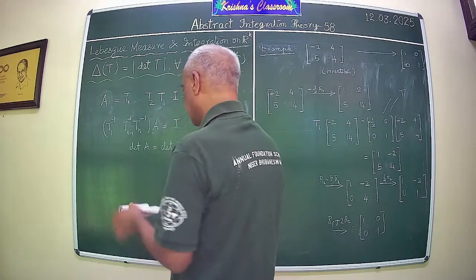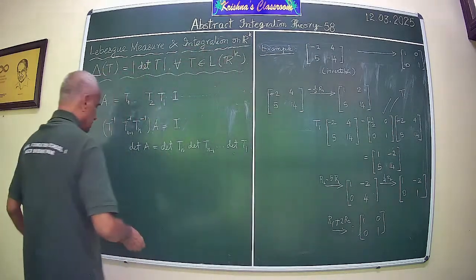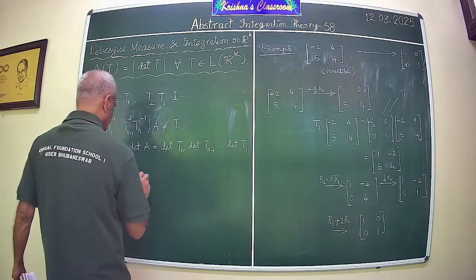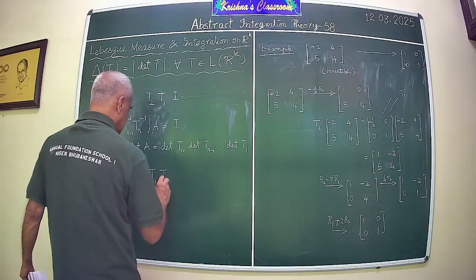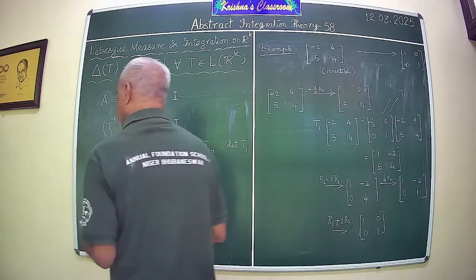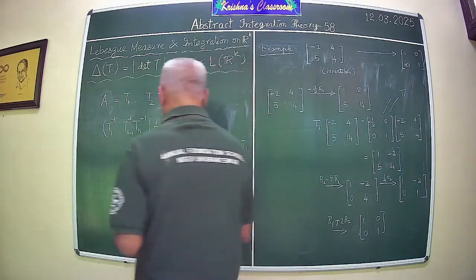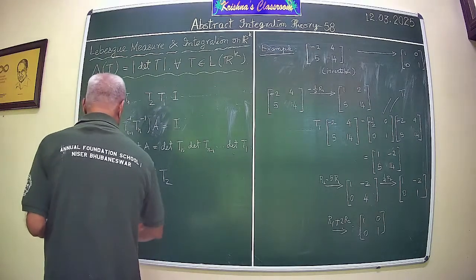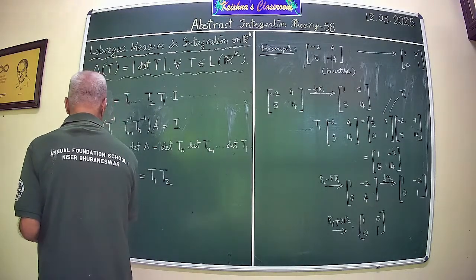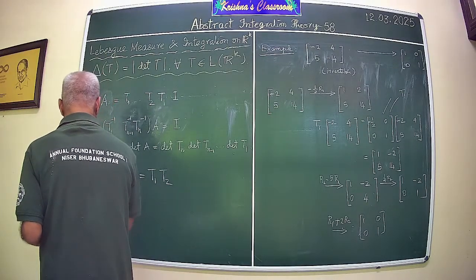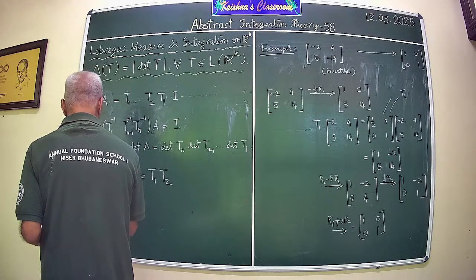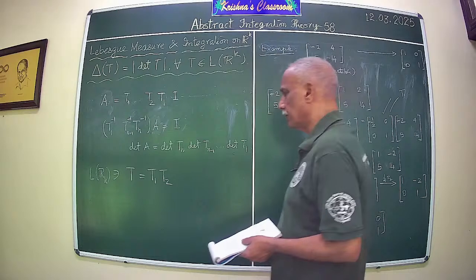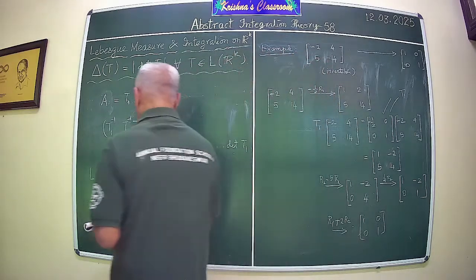Okay, how do we get that? Let us take the case of, say, T equal to T1, T2. Both are elementary row operations of some kind. And then you see T is an invertible matrix. Then what you get?